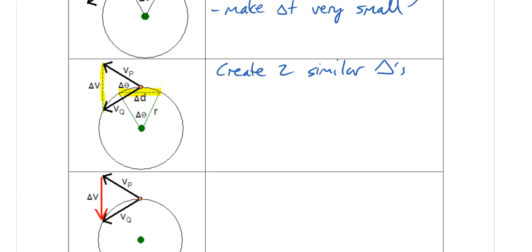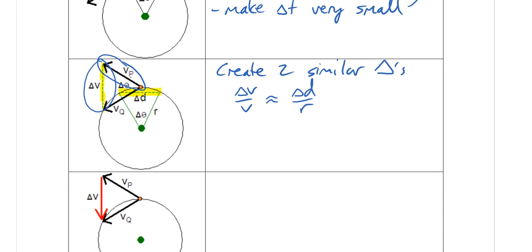So if I take the change in V and divide it by V, it gives me the same thing as delta D divided by R. Of course, delta D is the change in distance between the two locations. So those two ratios should be the same.